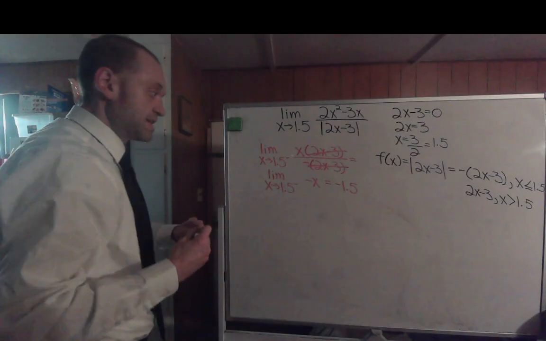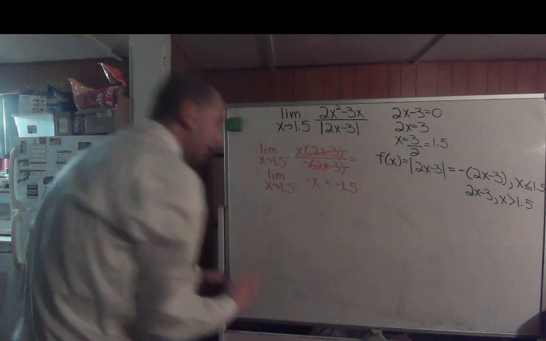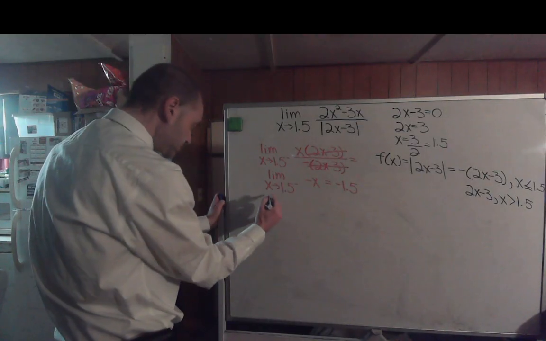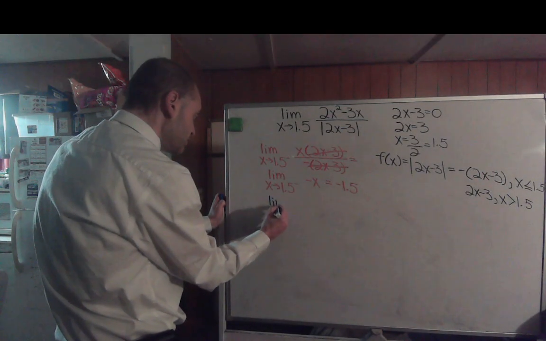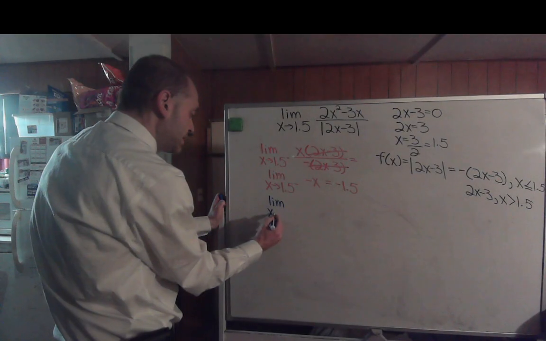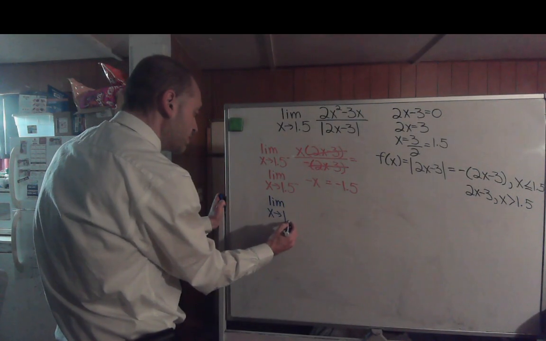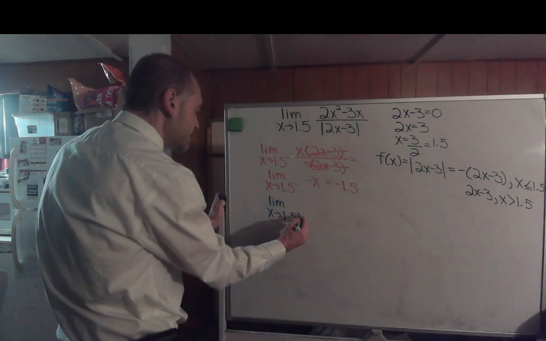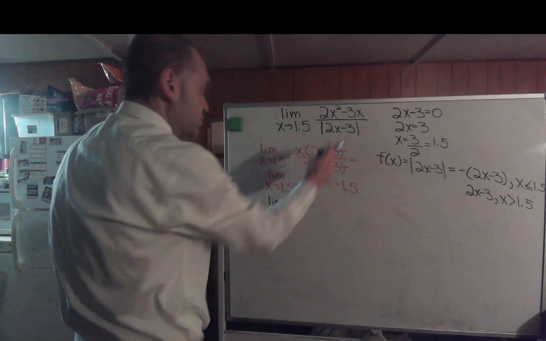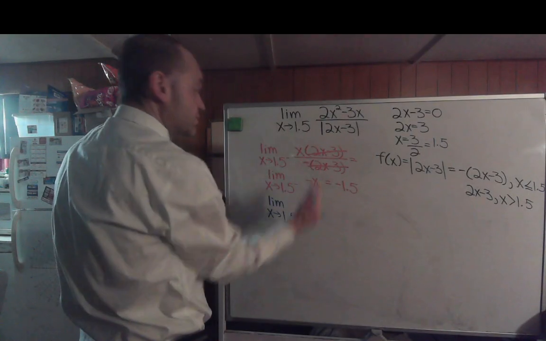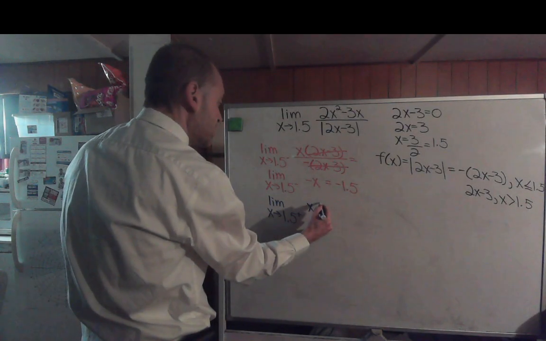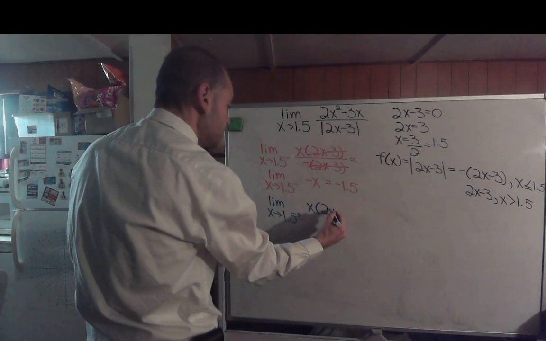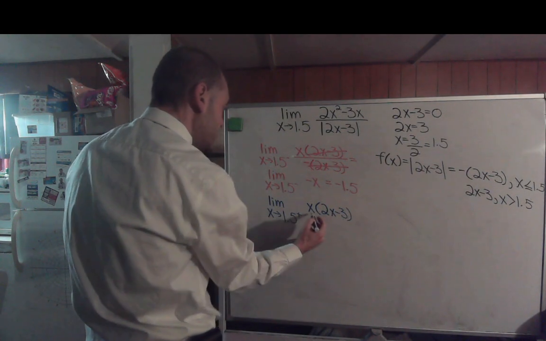That's your left-handed limit. Now, what about exploring the right-handed limit? So let's do the right-handed limit. The limit as x approaches 1.5 from the right of this function, once again, your numerator is going to have a common x factor out. So you'll have x times 2x minus 3.